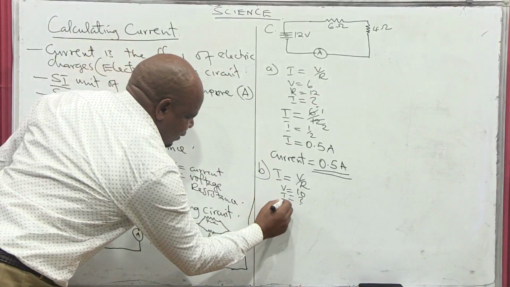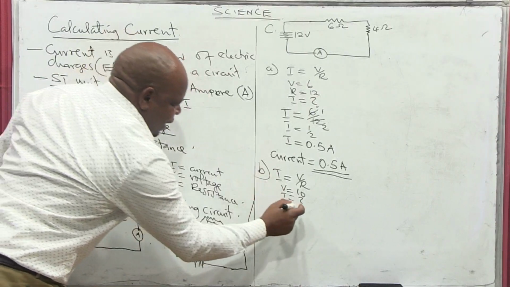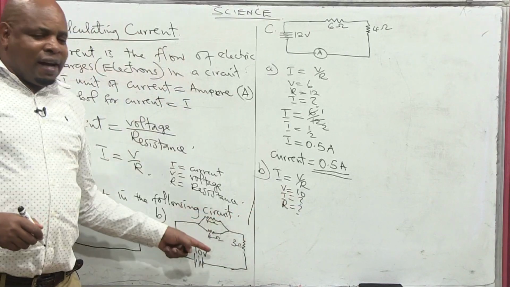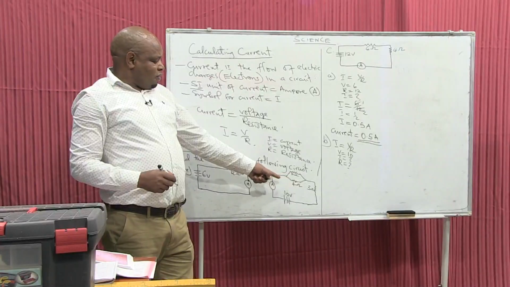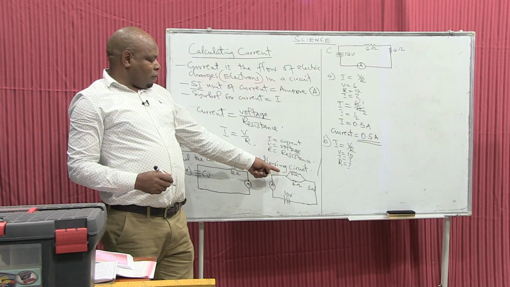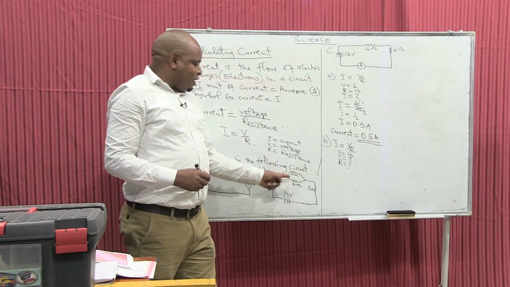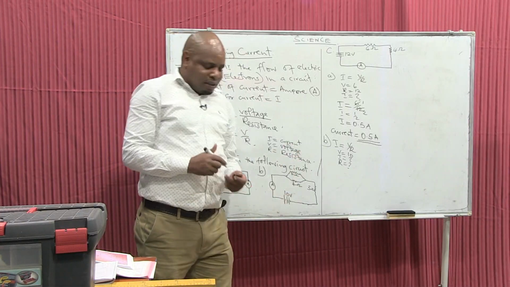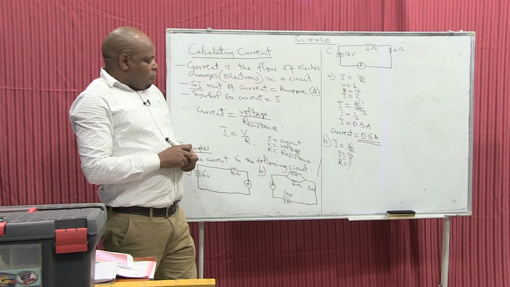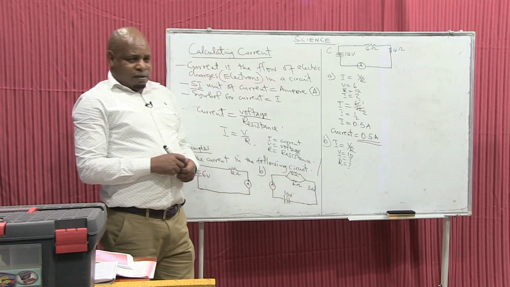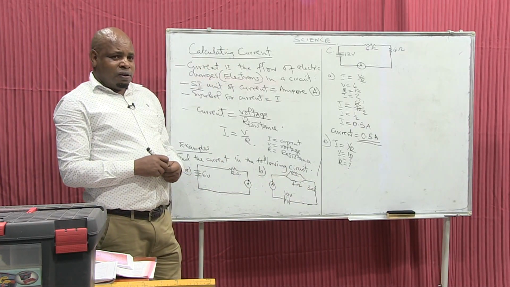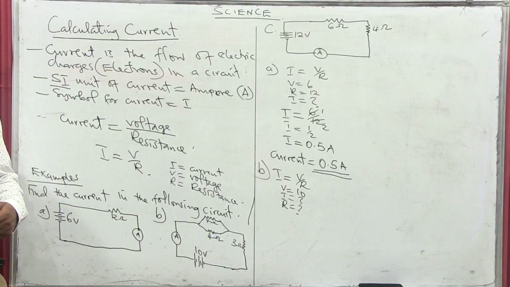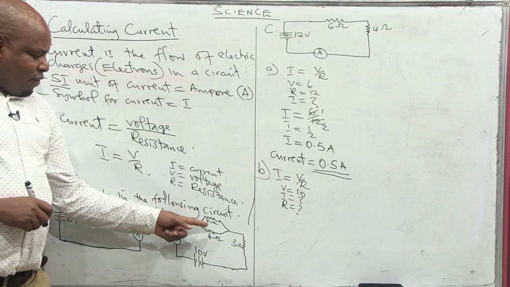R, we have been given R, but we have to calculate to find the total R. Because here we have been given the resistances, where I have said one of them is in parallel and another one is in series. So we have to find the total R. So total R is not given. So let us try to look for the value for total R.